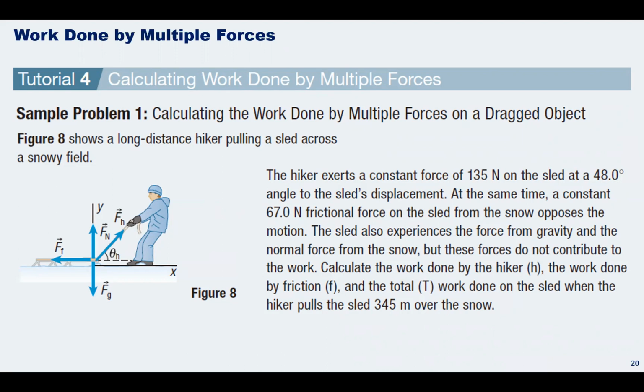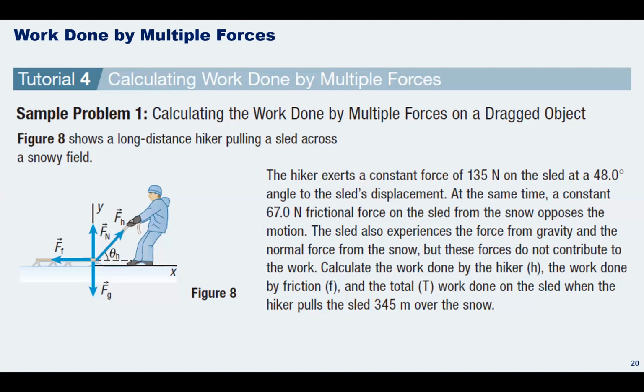The hiker exerts a constant force of 135 newtons on a sled at a 48 degrees angle to the sled displacement. At the same time, a constant 67.0 newtons frictional force on the sled from the snow opposes the motion. The sled also experiences a force from gravity and normal force from the snow.